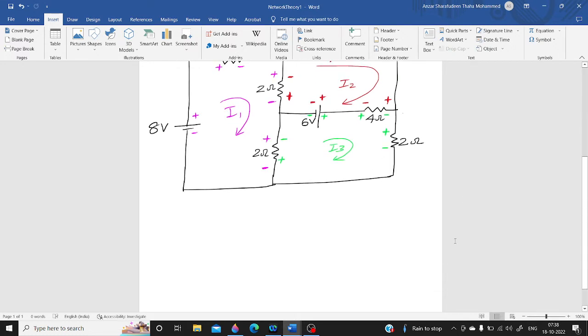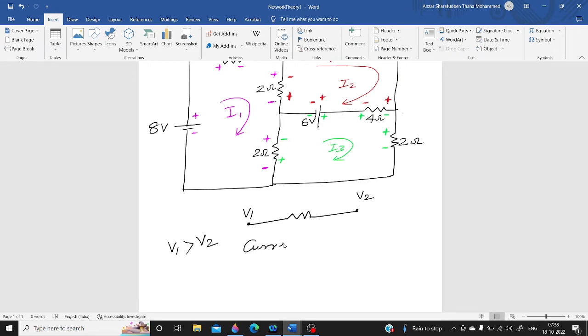So here we have to know the basic principles only. Suppose we consider a resistor like this, and the potential at this point is V1, and the potential at this point is V2. Suppose V1 is greater than V2. In that case, the current will be flowing from higher potential to lower potential.